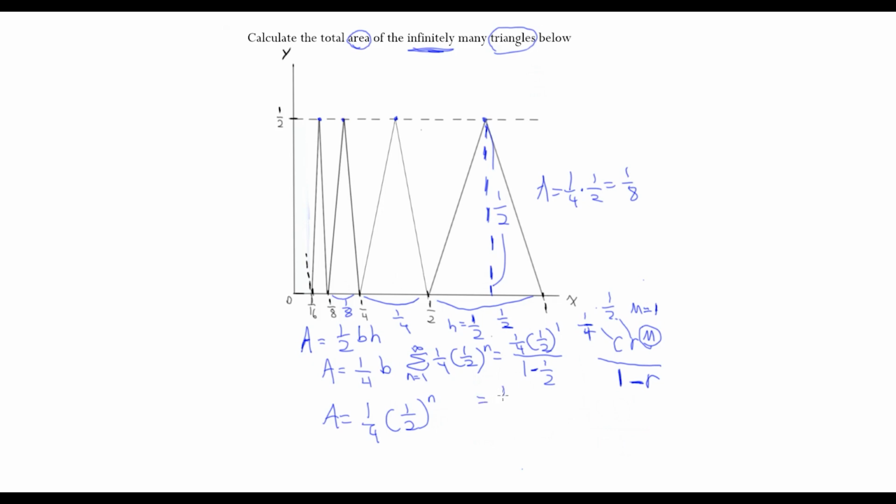So 1/2 times 1/4 is 1/8, all over 1 minus 1/2, which is 1/2. Simplifying this leads to 1/8 multiplied by 2, which is 2/8, which simplifies to 1/4. The area of all these triangles will eventually sum up to 1/4.